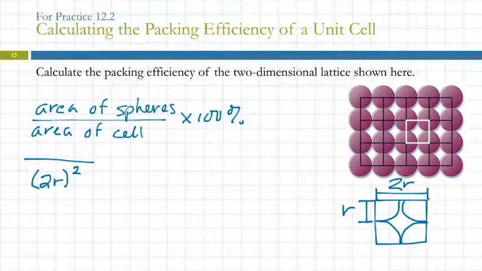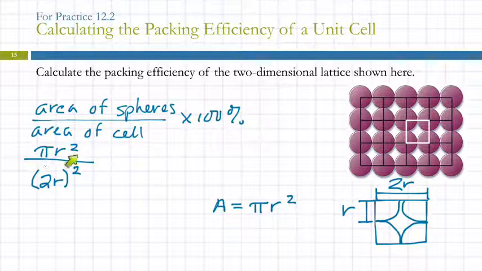Pi r squared, right? So the area is pi r squared. The area of the square is the length times the width. Okay with that? So this is the area of the spheres divided by the area of the cell, times 100%.